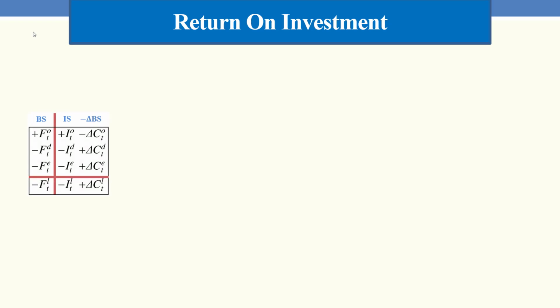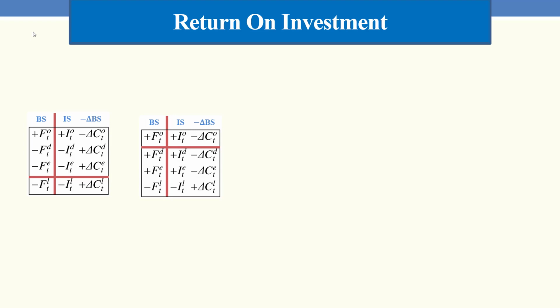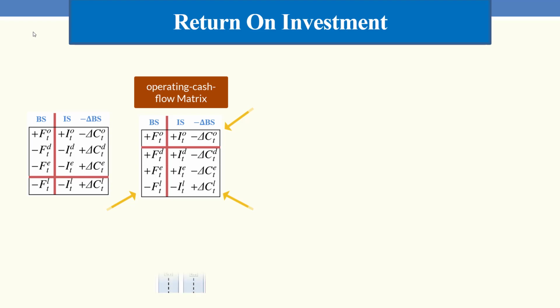Let's move the debt row and the equity row downward to the lower region. We find the operating cash flow matrix. We see the operating cash flow from a static point of view, from a dynamical point of view, and via a static disaggregation of the dynamical perspective.